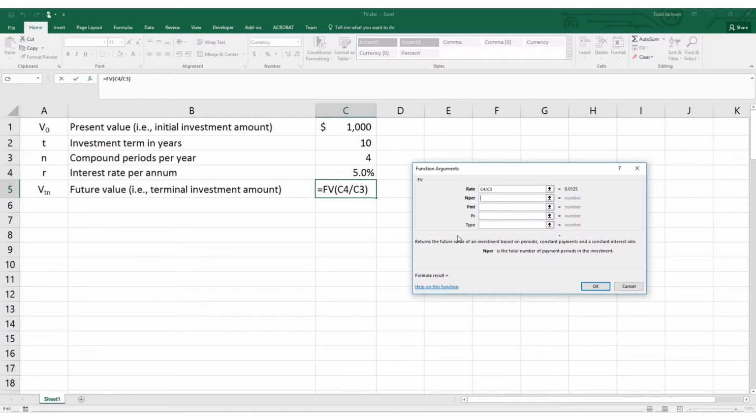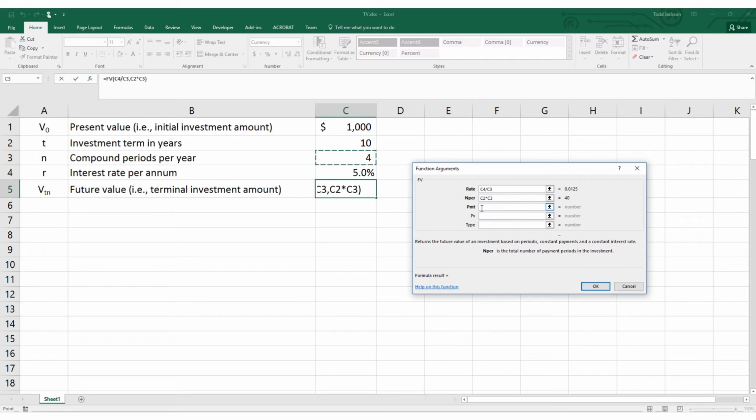And then regarding the parameter N per, the number of compound periods in the investment horizon, that would be the investment term in years multiplied by the number of compound periods per year. So notice that both of these calculations return the values that we expected, the quarterly interest rate being 1.25% per quarter, and then we had 40 quarters, 10 years times 4 quarters.